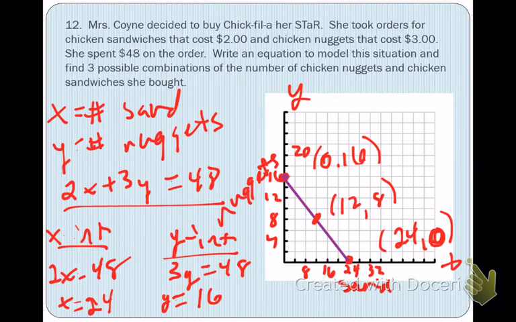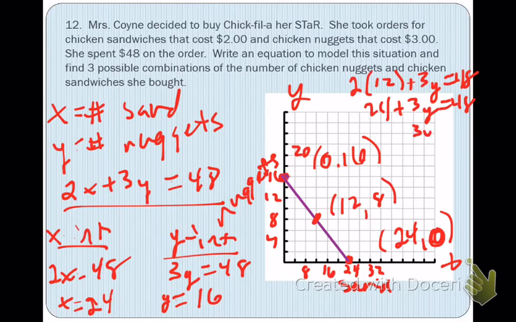Now, what I mean by that is you could take an x value like 12 and come up here and plug it in, okay? So you could go 2 times 12 plus 3y equals 48. And you get 24 plus 3y equals 48. Subtract 24, 3y equals 24, and then so y has to equal 8. And that will tell you what your points are, 12, 8. Okay? But anyway, that's going to be another possible combination.